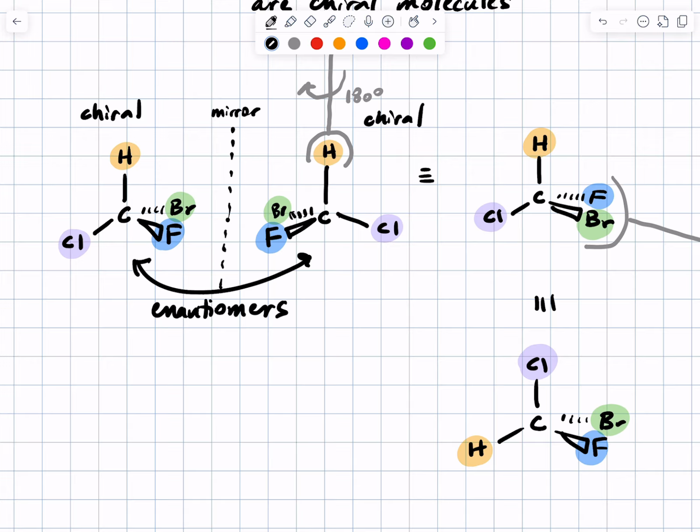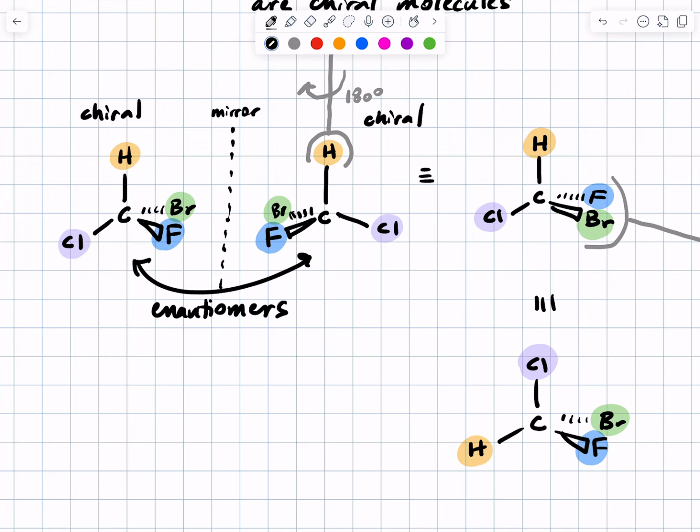An enantiomer is a relationship word. That's a relationship between two molecules. They are enantiomers. But chirality is a property of an individual molecule. So the enantiomer on the left is chiral, and the enantiomer on the right is chiral. Okay? One important, go ahead.